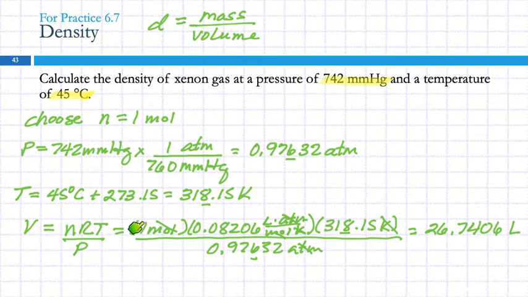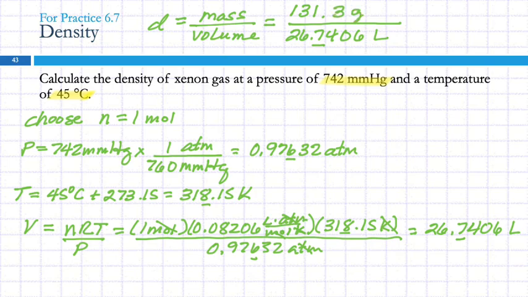The 1 mole here, we chose it, so we can choose it to be exactly 1 mole. We're not measuring that, we're just choosing it, right? So that's exact. This has 4 sig figs, 3 and 3, so this should have 3. So that's the volume, 26.7406 liters. What's the mass of 1 mole of xenon? 131.3 grams.